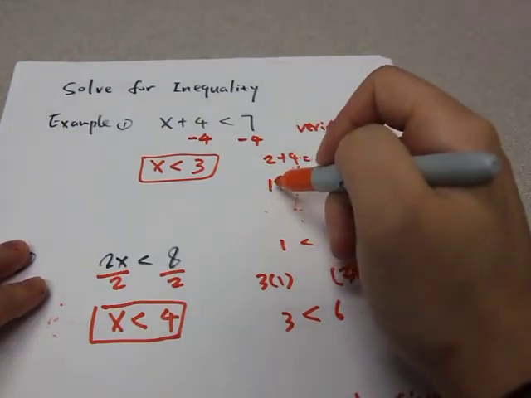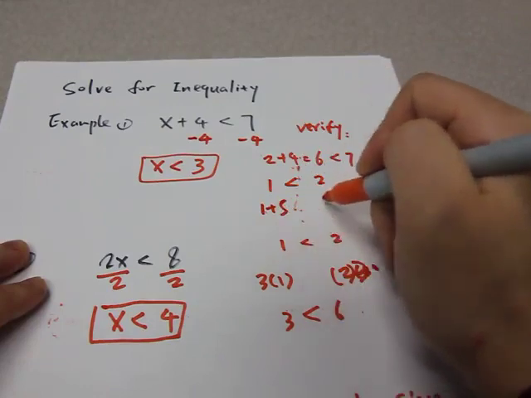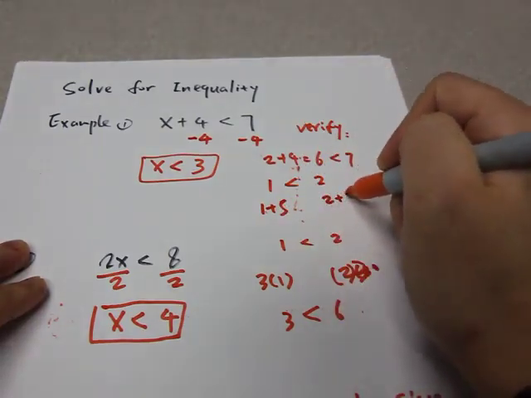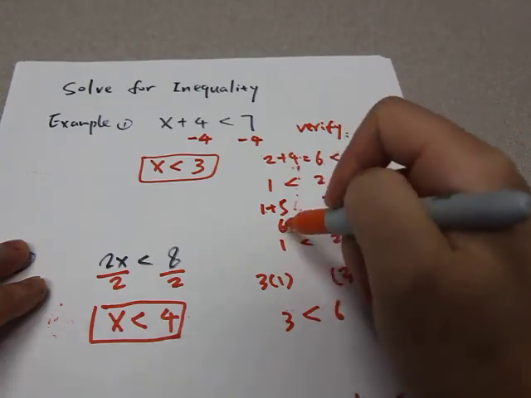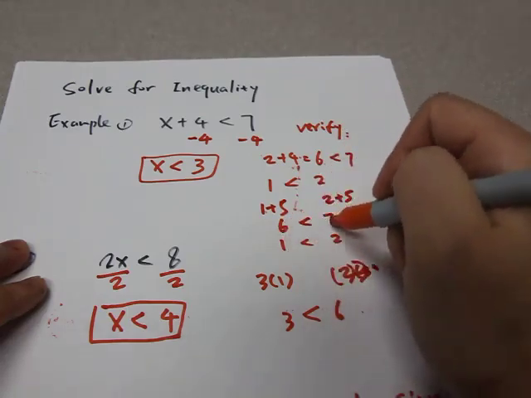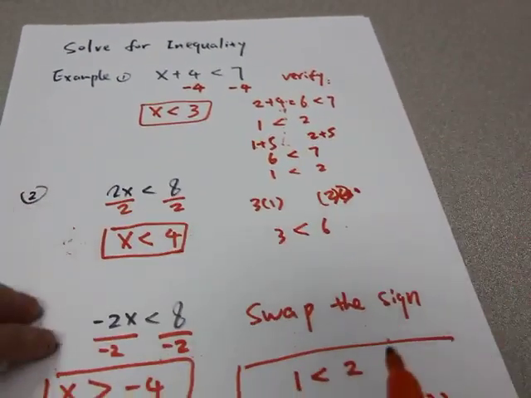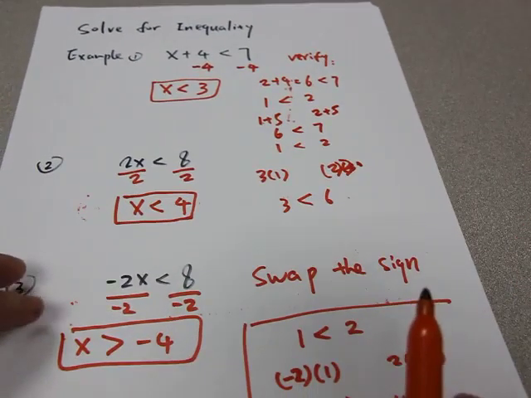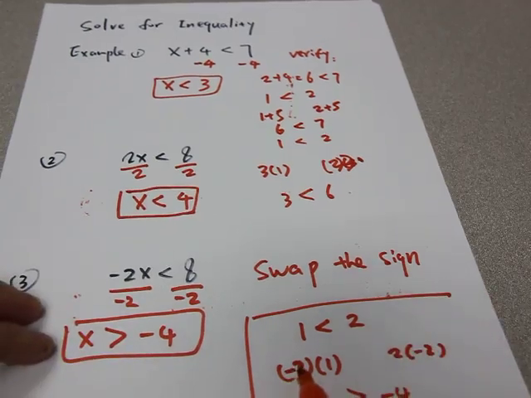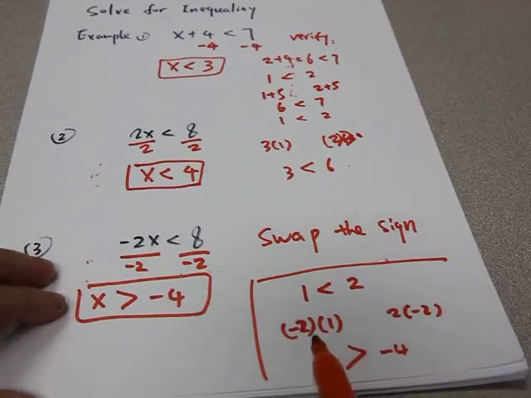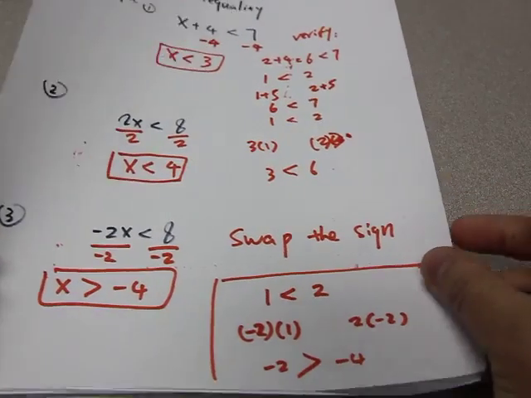When I add 5 to 1 and add 5 to 2, the result is still less than: 6 is less than 7. So the only case the relationship will be affected is when the number we multiply or divide by is a negative number. Okay. All right.